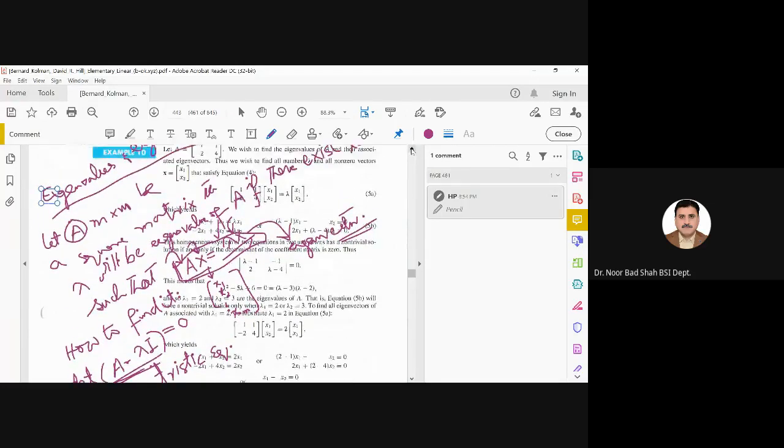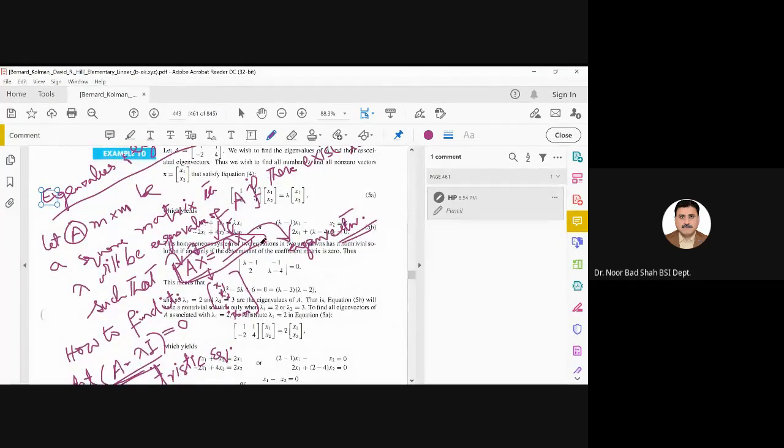Keep in mind, if you have a 2 cross 2 matrix, the characteristic equation will be of degree 2. If we have a 3 cross 3 matrix, it will be of degree 3. Generally, for an n cross n matrix, the characteristic equation will be of degree n, and it becomes harder and harder as you increase the degree of the characteristic polynomial.